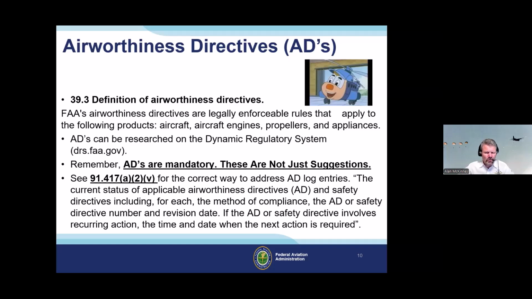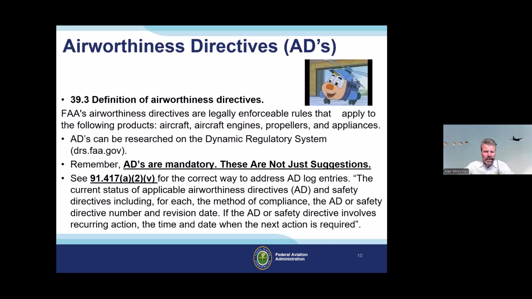The AD number or directive number is typically there, but then what was the method of compliance? So here's the one that's normally missed. You'll see a directive number revision date. ADs revise because we learn, right? So initially it comes out and we think it's only affecting this make or this model. And then we find out, 6 months from now, that it's on three other models.